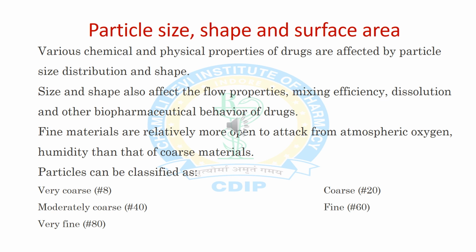Fine material is relatively more open to attack from atmospheric oxygen and humidity than coarse material. Particles can be classified as very coarse, that is sieve number 8, coarse, that is 20, moderately coarse 40, fine 60, and very fine, that is 80.